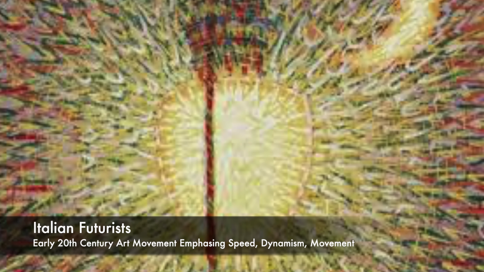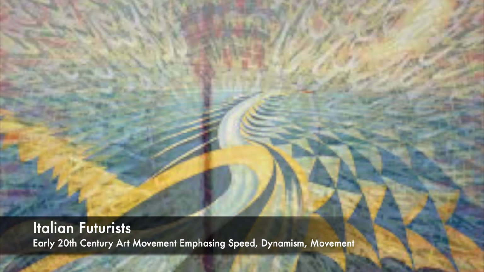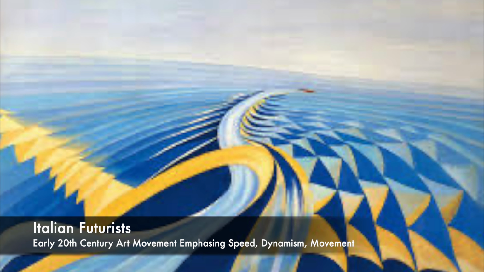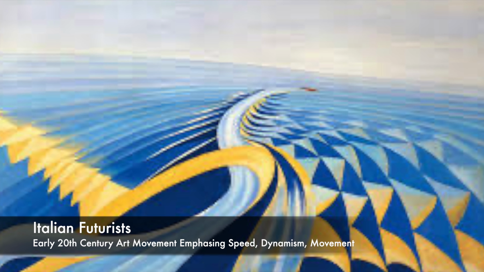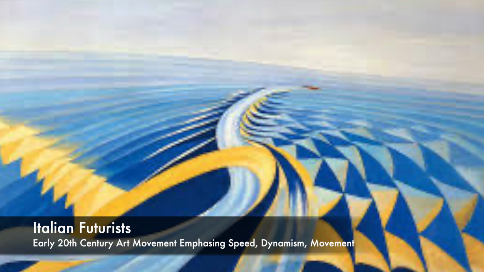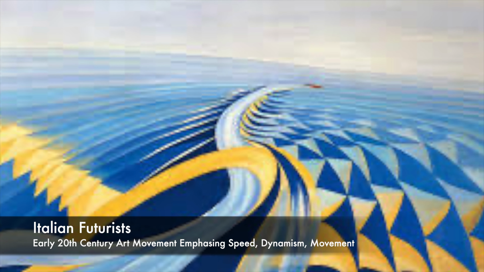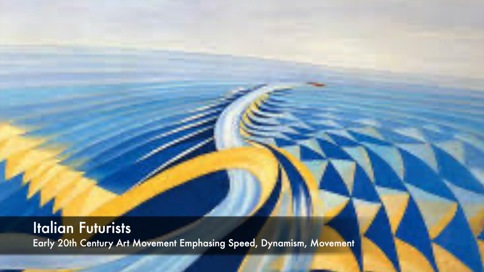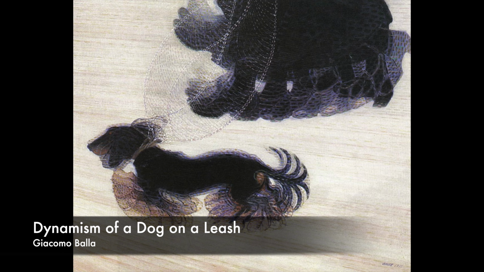As for the art class, I remember being especially moved by the Italian Futurists and the Surrealists. The Italian Futurists sought to incorporate aspects of speed and dynamism, movement, in their paintings and sculpture. There's a famous painting of a little dog walking on a leash, a little dachshund, and its little legs are just moving so rapidly.